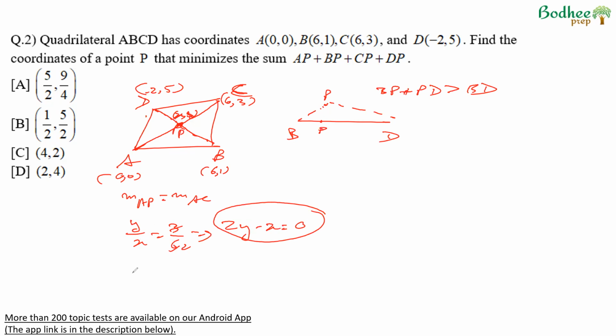Similarly, I can say slope of PB will be equal to slope of DB. Slope of PB will be y minus 1 upon x minus 6.